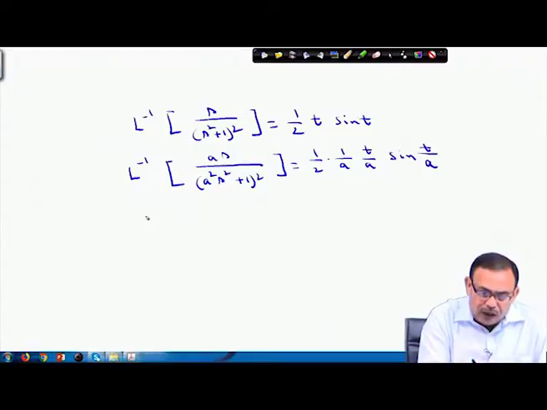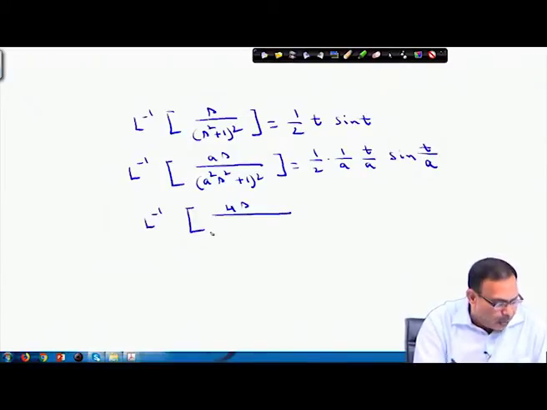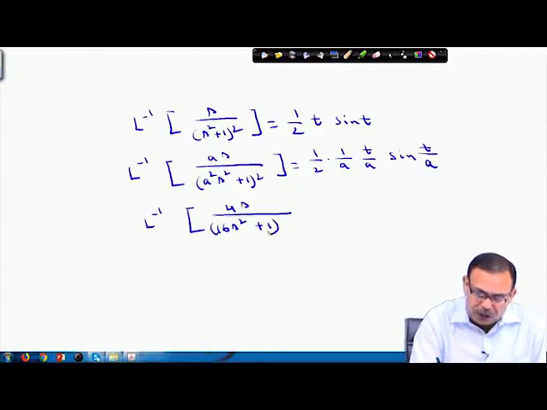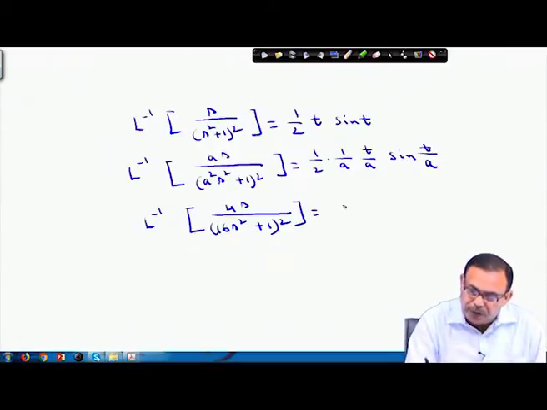So, Laplace inverse of 4 s by 16 s square plus 1 whole square, that means a is replaced by 4. So, it will become 1 by 8 t by 4 into sin t by 4.